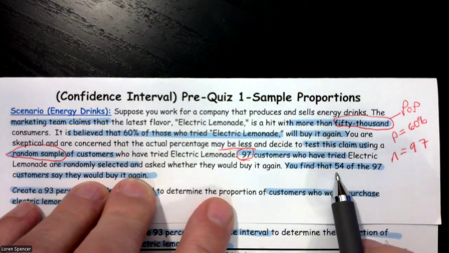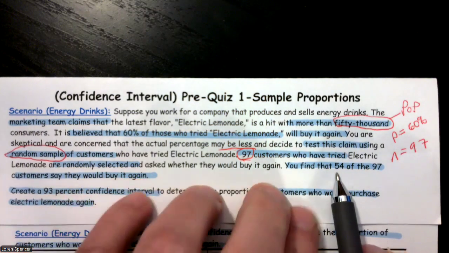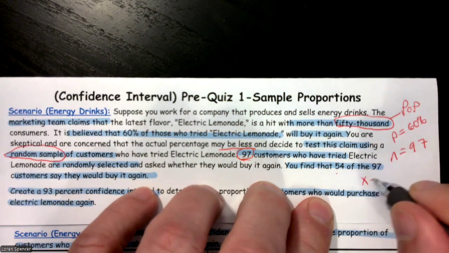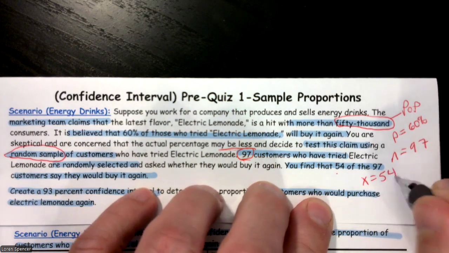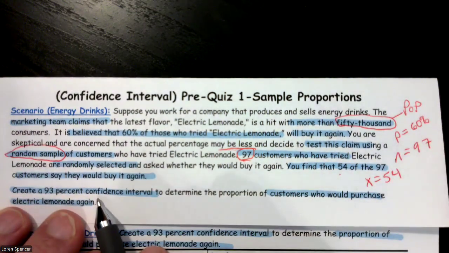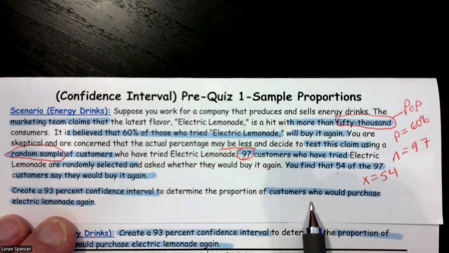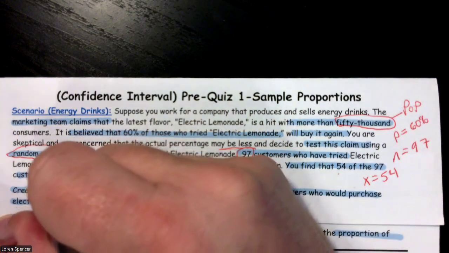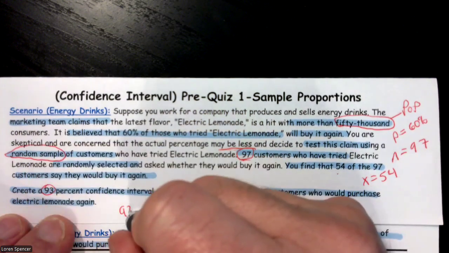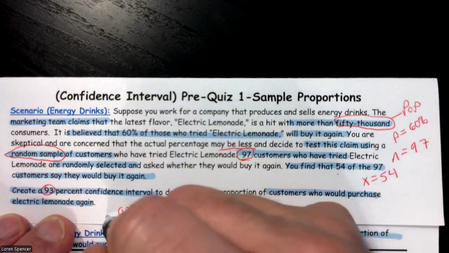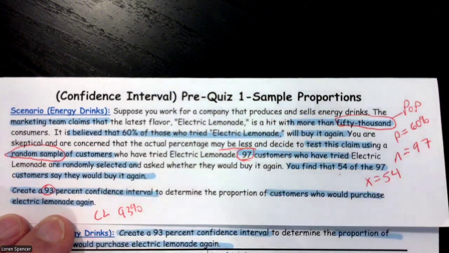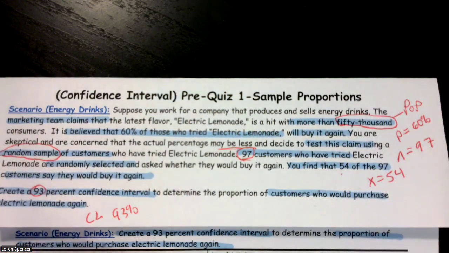And you find that 54 of the 97 say they'd buy it again, so x equals 54. Create a 93% confidence interval to determine the proportion of customers who would purchase electric lemonade again. So we have a confidence level of 93%. That's our CL.